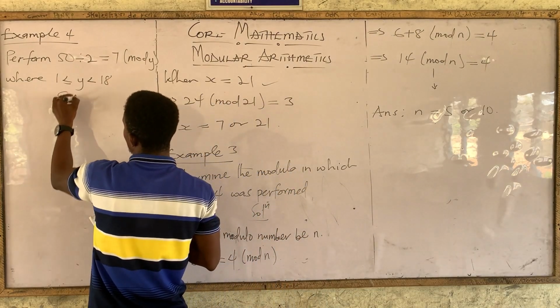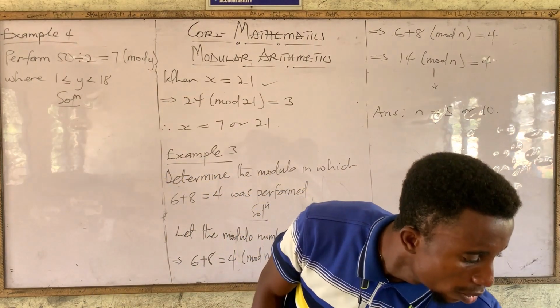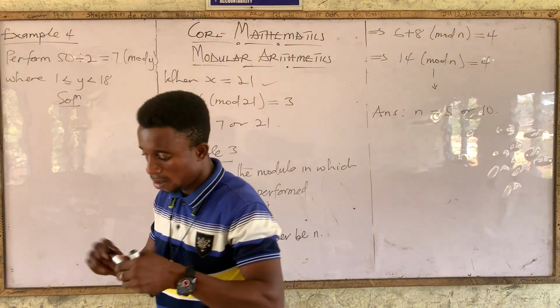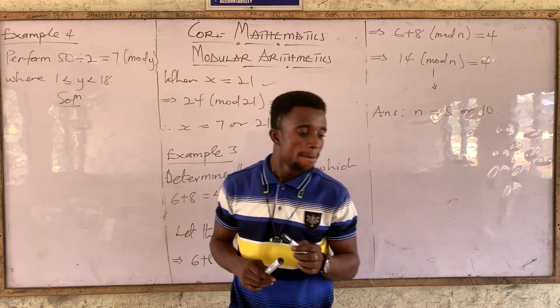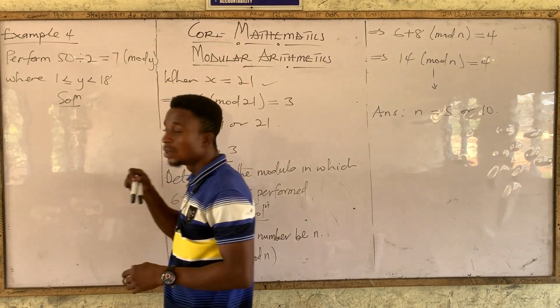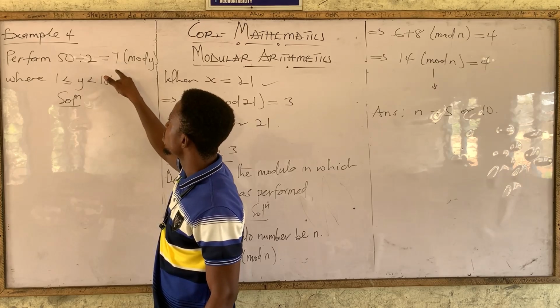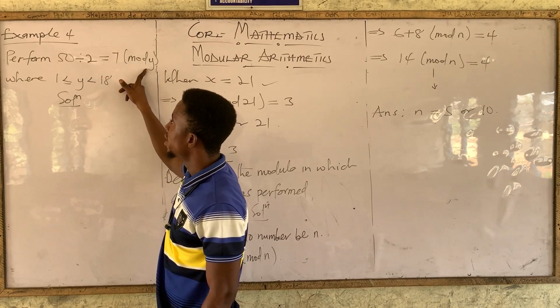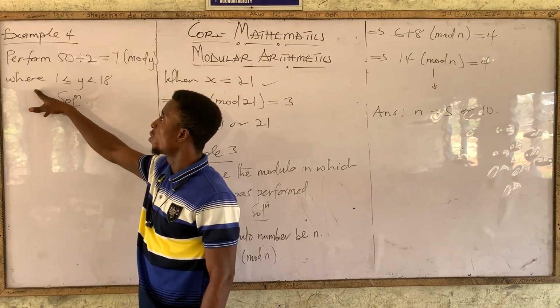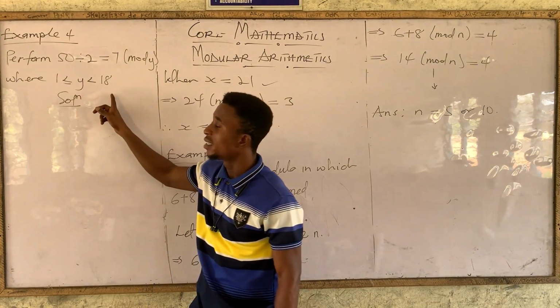So now let's see the solution. We are to perform 50 divided by 2, which is equal to 7 mod y. Are we getting that? Okay, where the value for y is between 1 and 18.